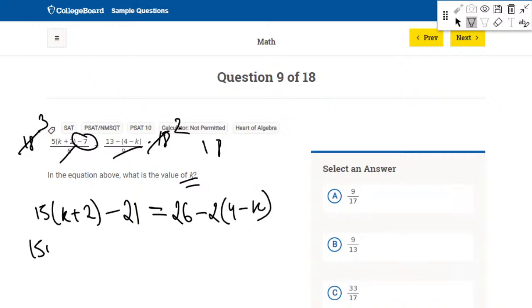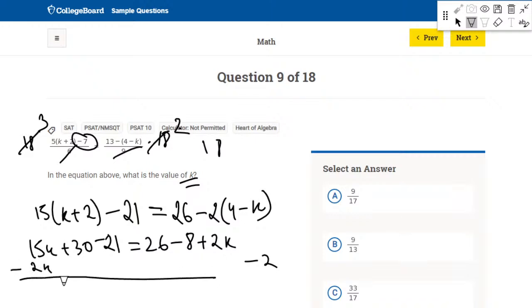So it's 15k plus 30 minus 21, equals 26 minus 8 plus 2k. So here I do minus 2k here and minus 2k here.